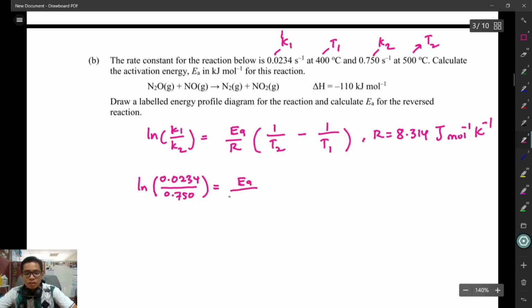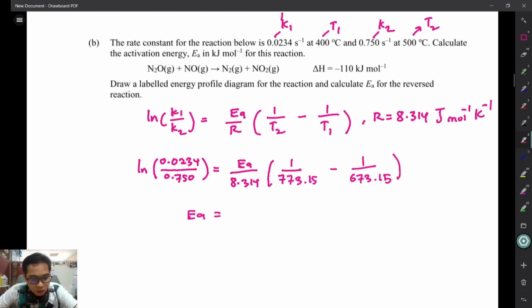R is 8.314, 1 over T2, 500 plus 273, so 773.15. And then T1, 400 plus 273, so 673.15. Then just substitute and calculate the value.